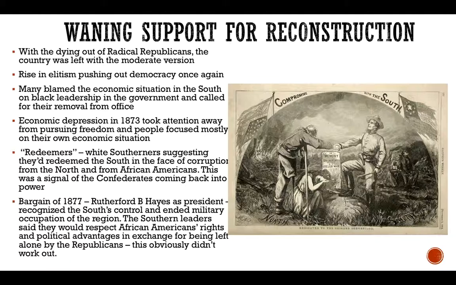So there was a rise in elitism, once again pushing democracy out. So those who had money kept flowing into positions of power. And many blame the economic situation in the South on Black leadership in government and called for their removal from office.